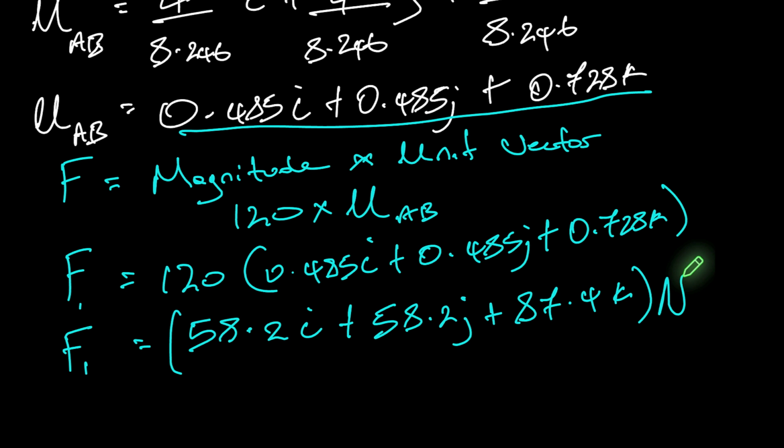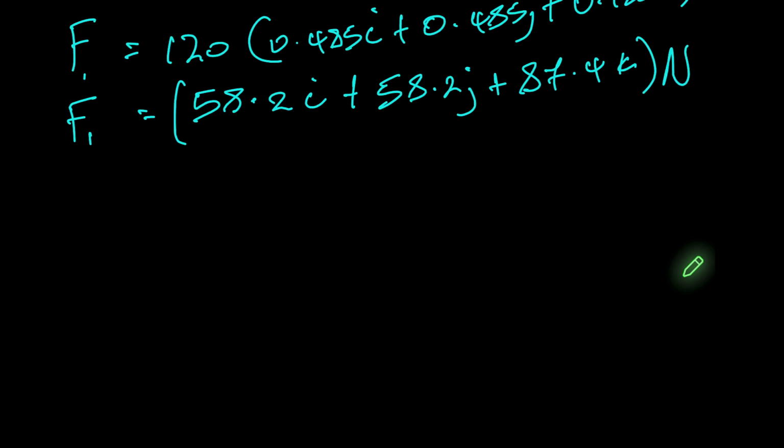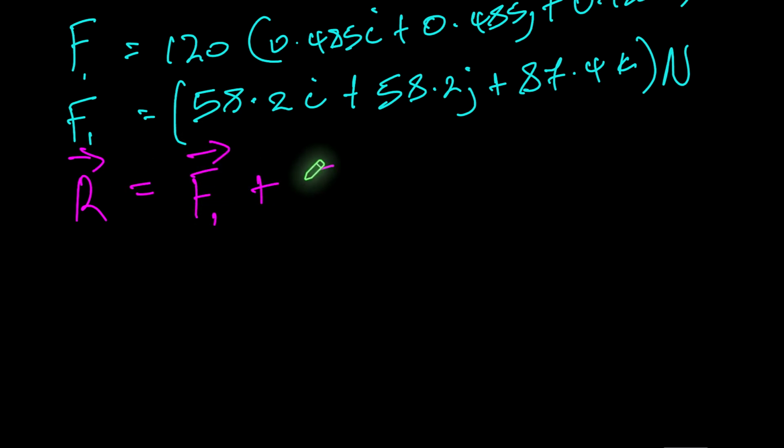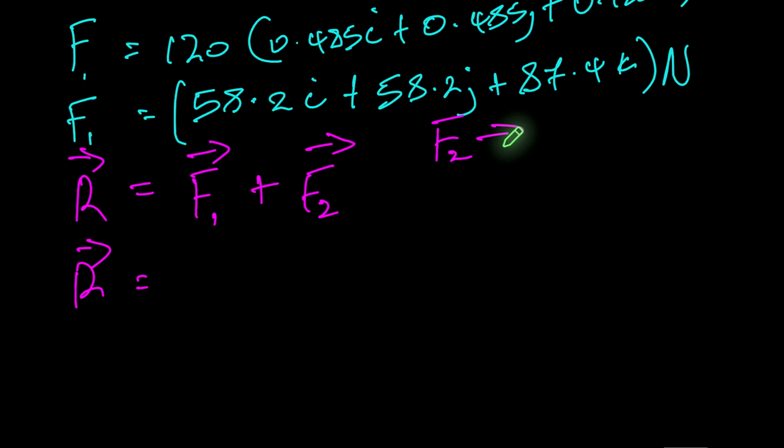So now we're going to find the resultant force vector, and this is a typical calculation for the resultant. R for resultant is just going to be F1 vector plus F2 vector, and we have both of these given already. R will be equal to what we have for F1 up top, and F2 was 40i take 20j plus 80k.